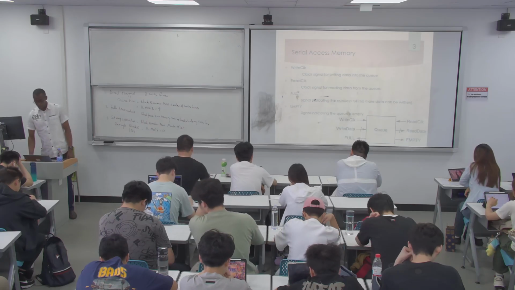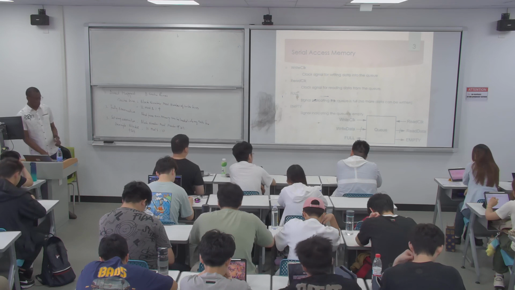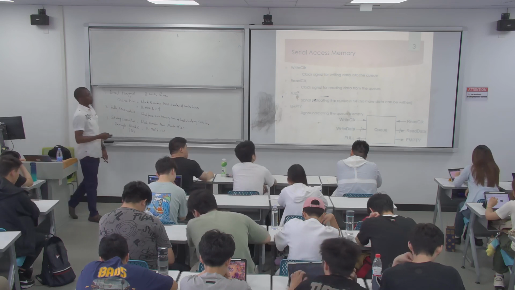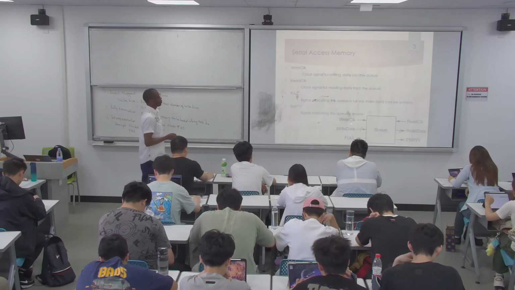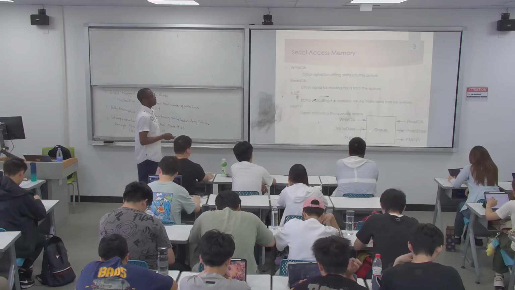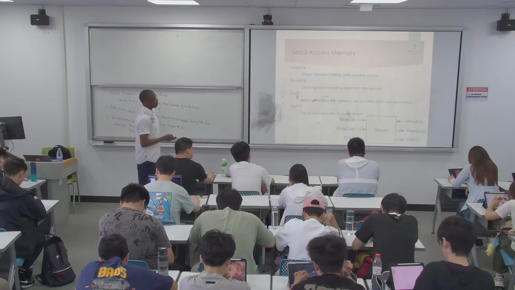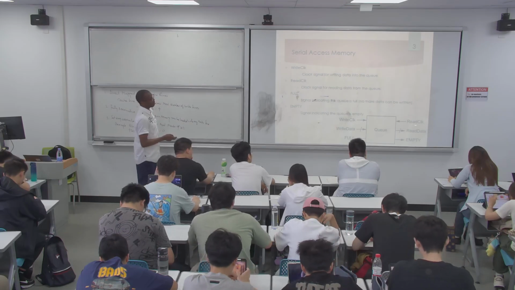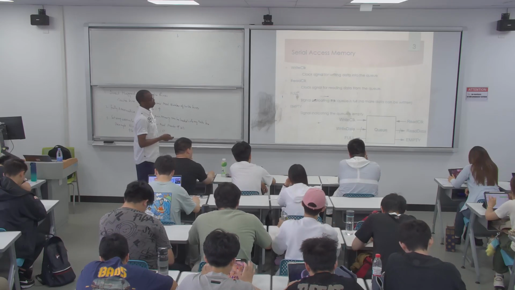Here the picture depicts a queue. Let's imagine this is the FIFO queue, and then we have the write signal here for writing data into the queue, and this is the read signal to read the data from the queue. So it has to be in a specific order.